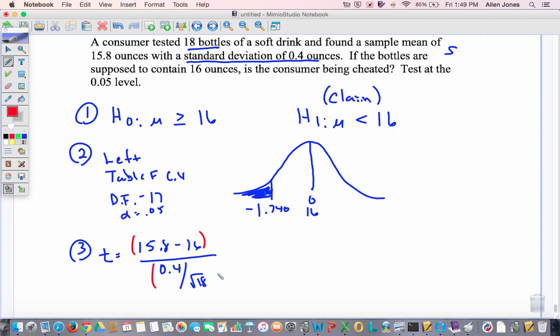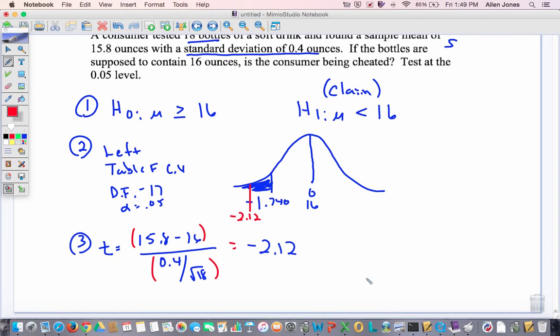And as a quick reminder for our order of operations, I'll continue to put these in, and that will get us our test score. In this case, I believe our test score is about negative 2.12. That test score, to make our decision on the null, we bring that up here. It will lie to the left of negative 1.740. So in step number 4, that's going to tell us to reject the null.